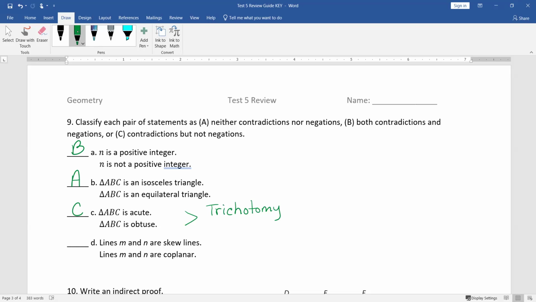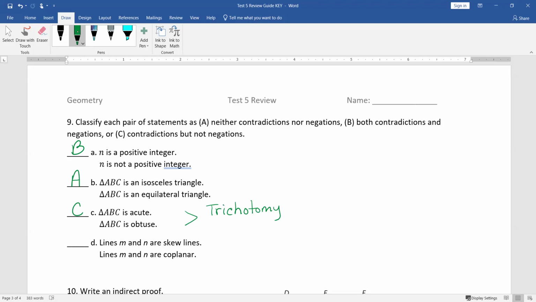All right, what about this last one? Lines M and N are skew lines. Lines M and N are coplanar. Remember these? So the definition of skew lines is that skew lines do not exist on the same plane. And coplanar means that 2 lines exist on the same plane.